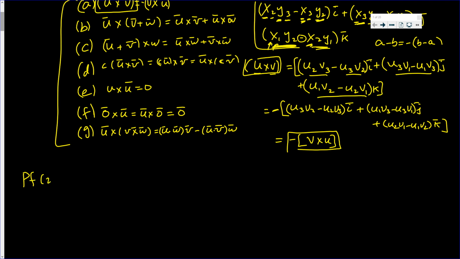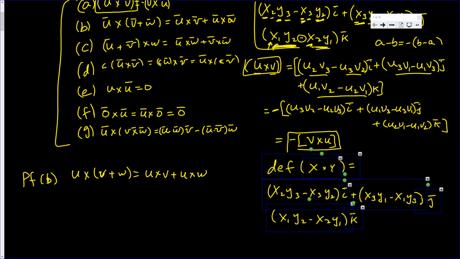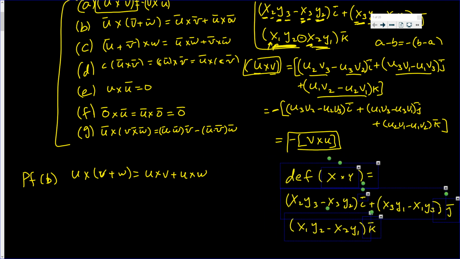Okay, let us now do the second one. The proof of B. We want to show that U cross V plus W is U cross V plus U cross W. And let me have the definition right here. So it's one vector cross this vector.